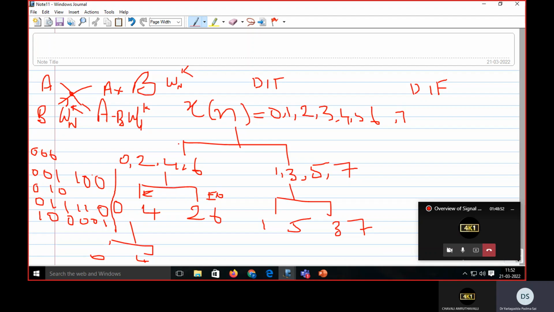We are using bit reversal order also. Why? If you apply inputs in natural order, we take outputs in bit reversal order, or if you apply input in bit reversal order, we consider output in natural order. What is the need? If you use natural order for both, you require 4n memory locations.